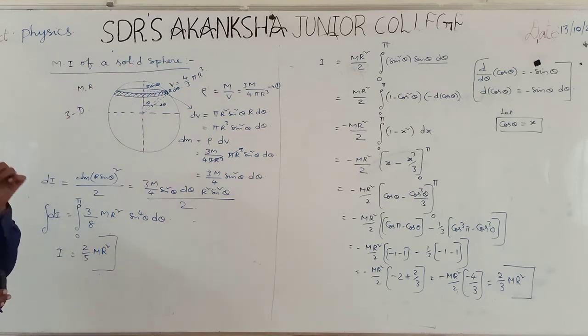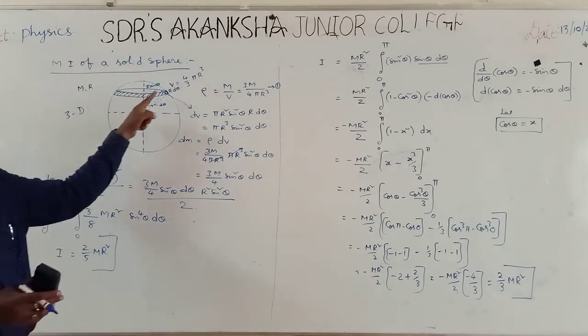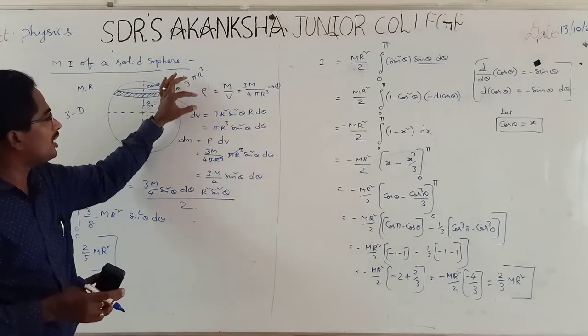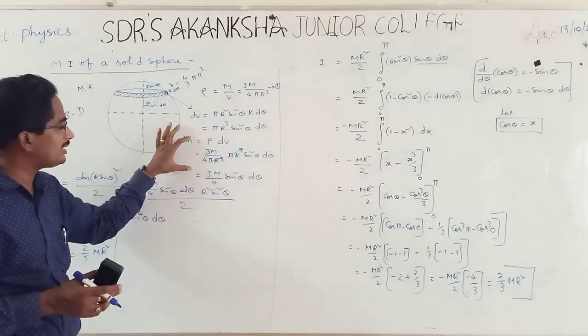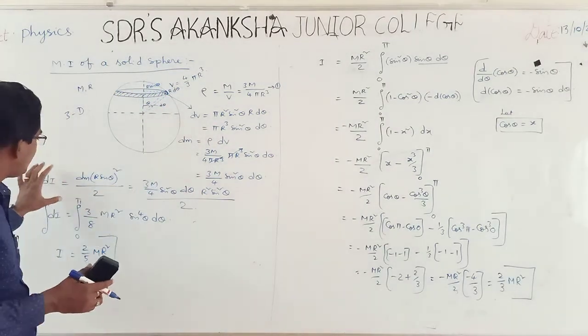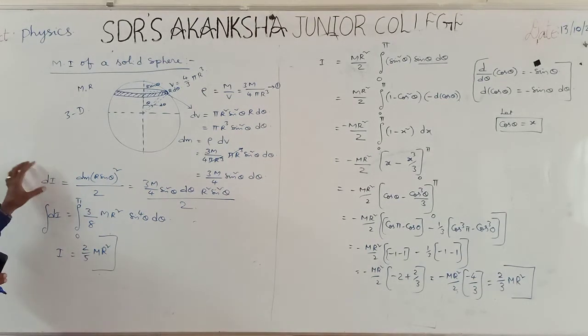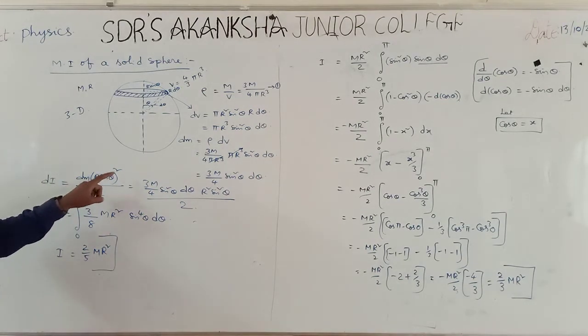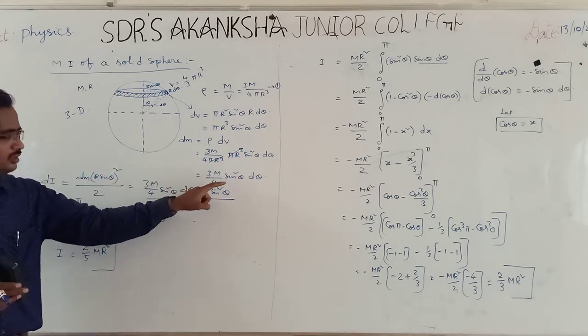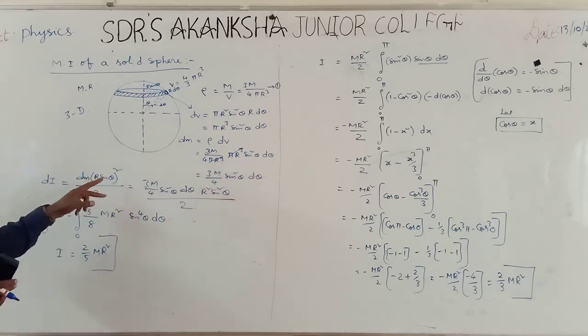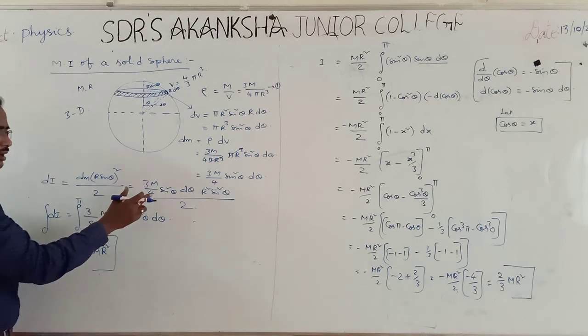So first of all, what we did: we took a small elemental disk. Its volume we calculated, then we calculated its mass, and its moment of inertia we have written here. What is the moment of inertia? mr square by 2, with dm being 3m by 4 into sin square theta d theta.